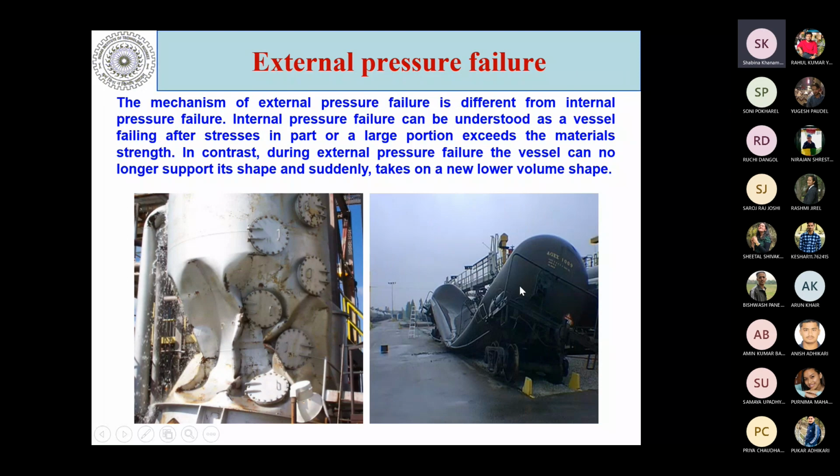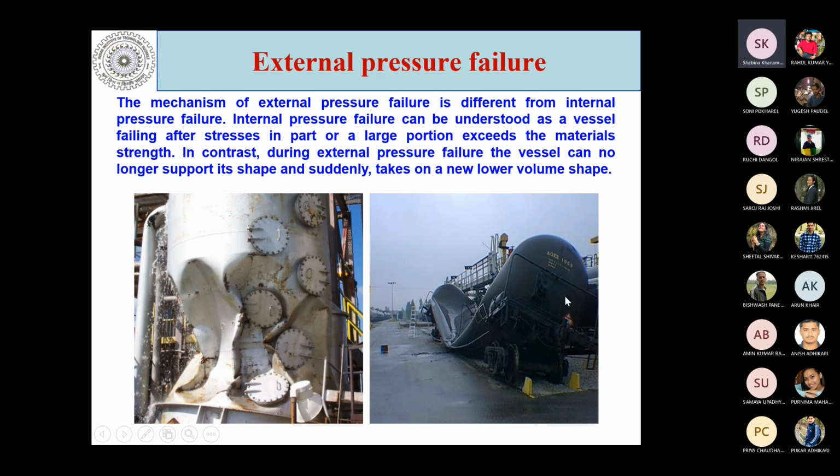Similarly you can see this type of squeezing. And if you imagine what this is, it is nothing but a rail bogie, a train where we have this cylindrical shape, where flammable fluids or petroleum products are transported.